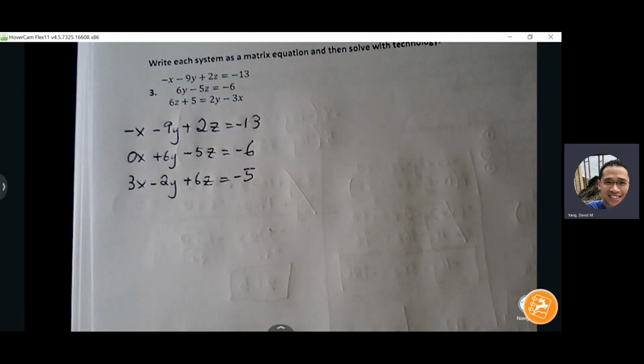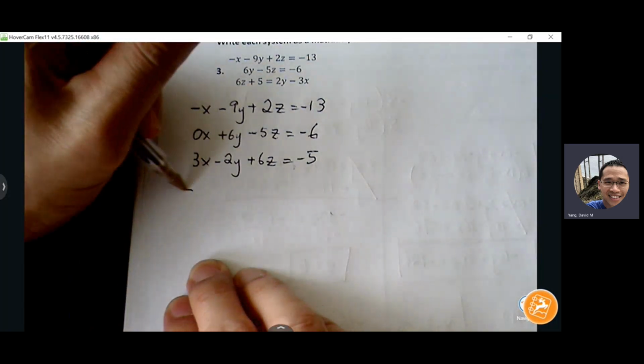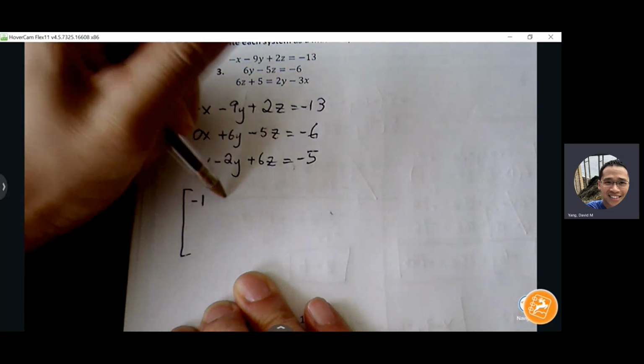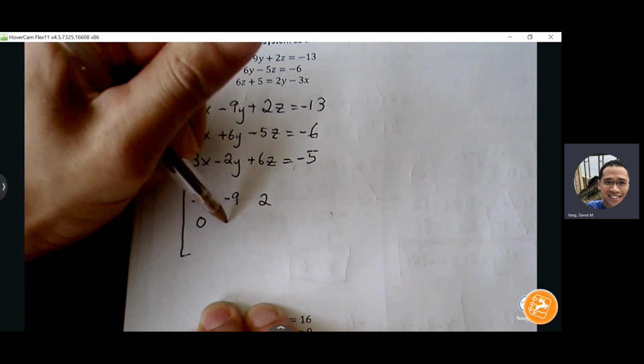Okay. So now let's put this into matrix form. The coefficient matrix is just all the numbers that you see. We'll create a 3x3 matrix.